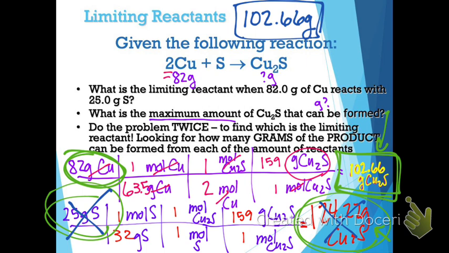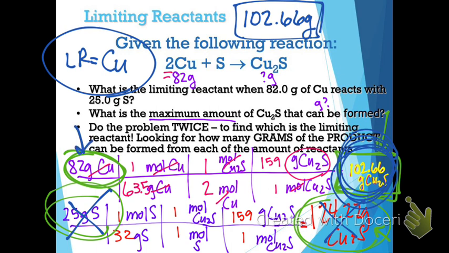I'm going to use up all 82 grams of copper, and then once I'm out of copper, my reaction stops. So copper is my limiting reactant here, right? My limiting reactant equals copper. Now, we don't just circle this part and say that's our limiting reactant. We would either rewrite it or we'd come back and point at the reactant part. But we'll talk about that as we go through the next couple of days of our lesson there.